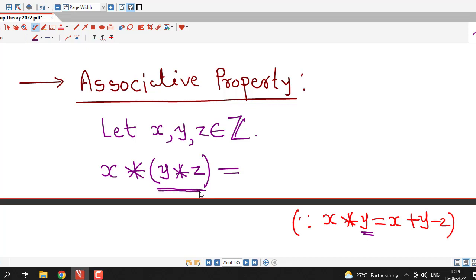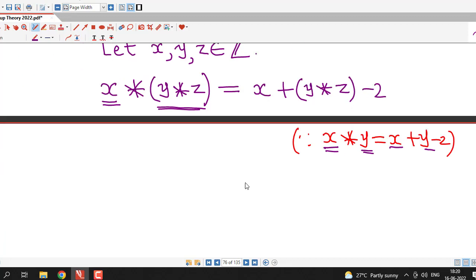I will consider this as second element, this as first element, and our operation is first element plus second element minus 2. So here I will write x as first element, second element is y star z, minus 2. So this is using the definition of binary operation which is given.